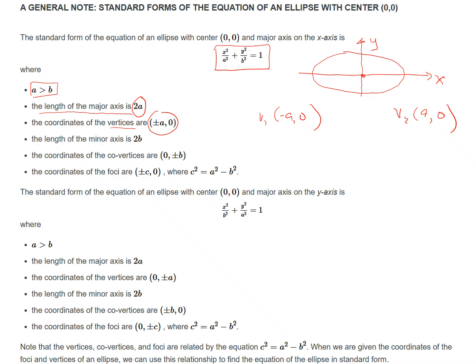And these are the co-vertices. This one we called b1, and this is our b2. This is our v1, and this is our v2.